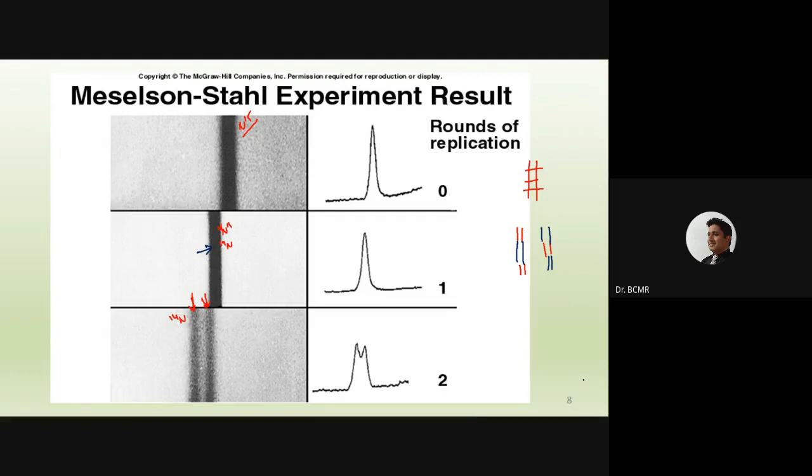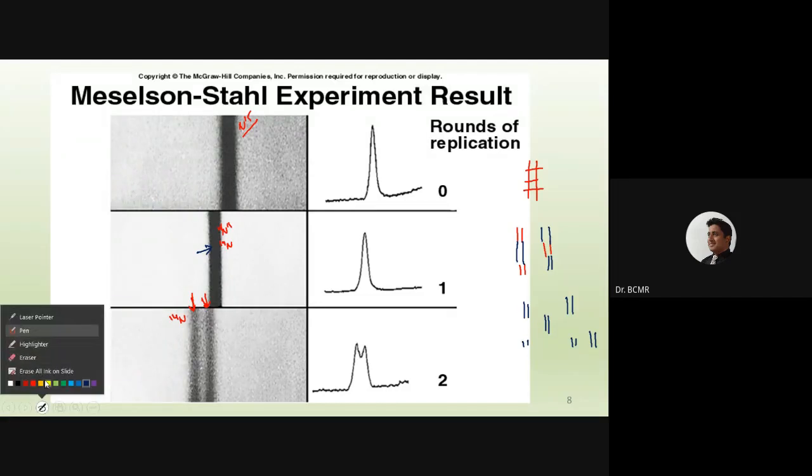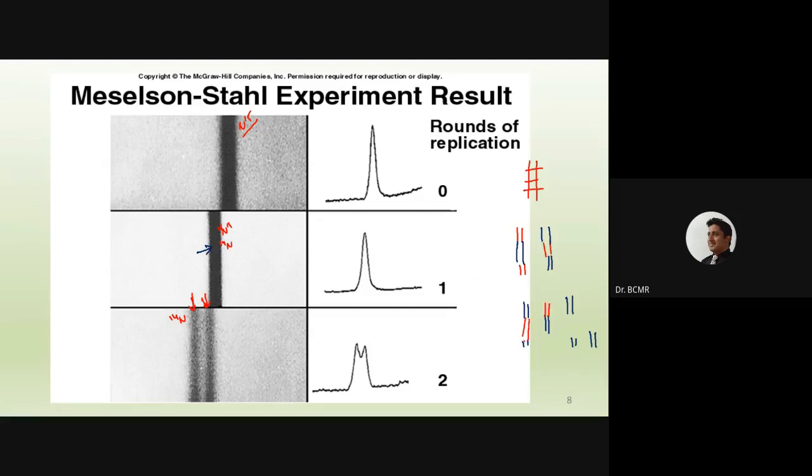What would happen in the next round? In the next round, again, you will have a few of them. I'll draw 4 molecules, okay? Each something like this. I should not draw more of N15. I should keep that in mind.